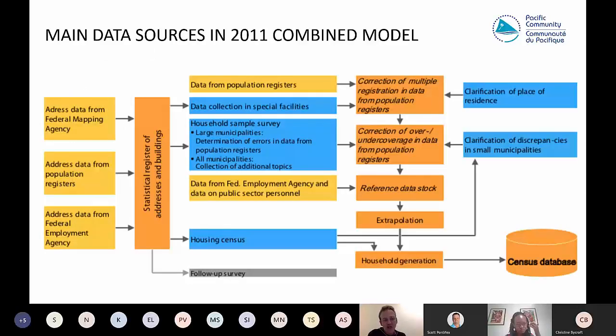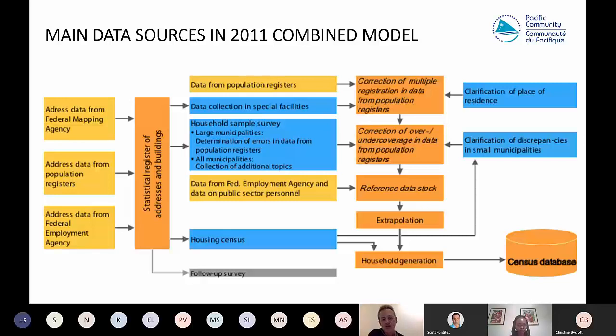This diagram shows the main sources used in their combined model. The yellow boxes are from administrative sources, and the blue boxes, those in the middle anyway, are the direct data collection. So address data was taken from various sources and then combined to produce a statistical address register.